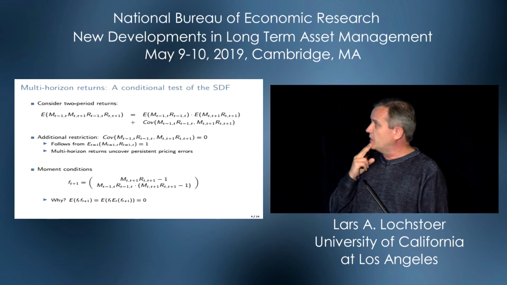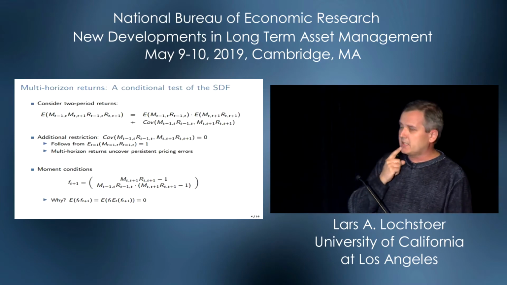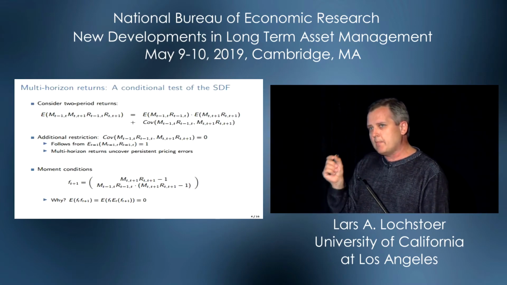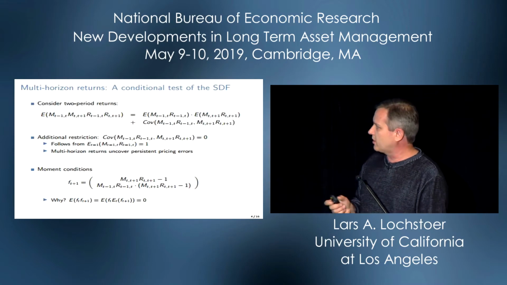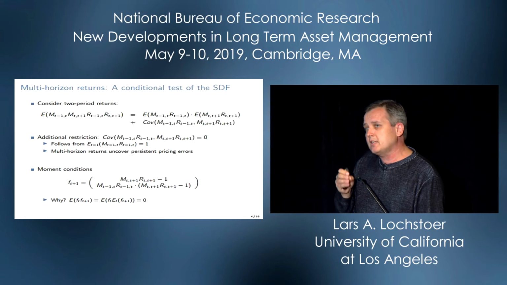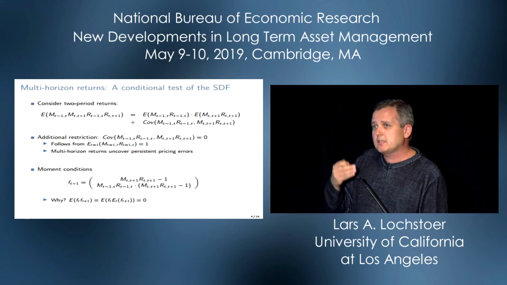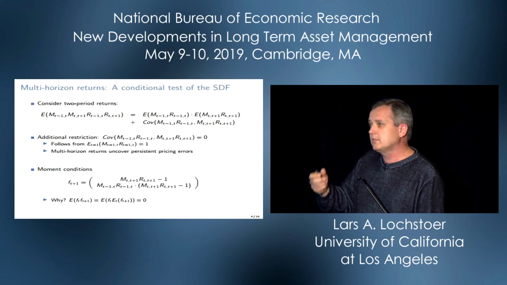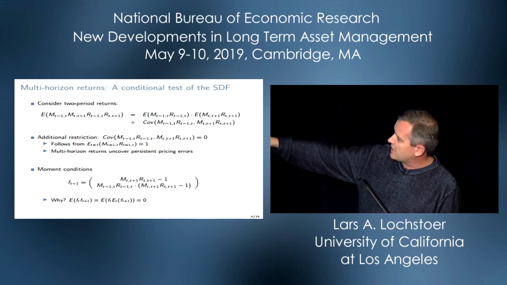So now I'm going to do something. The left-hand side here is the same as before. It's a 2-month moment condition. I'm just going to do the usual thing where the expectation of x times y is the expectation of x times the expectation of y plus the covariance. So that's what I have on the right-hand side of that equality.